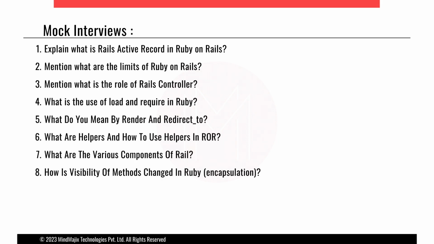And after the course completion, I will be taking mock interviews to analyze your gaps and I'll be giving feedback based on that. So you will be performing based on specific feedback. So these are a few questions for an interview.